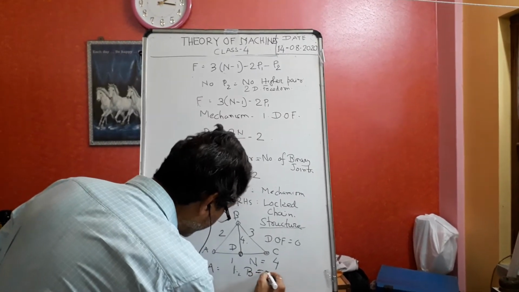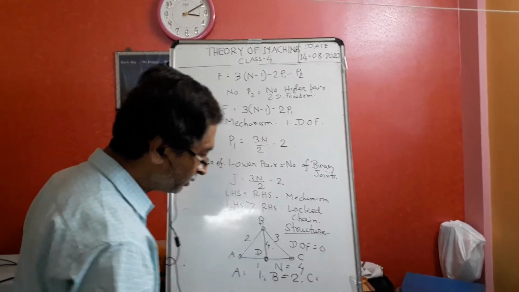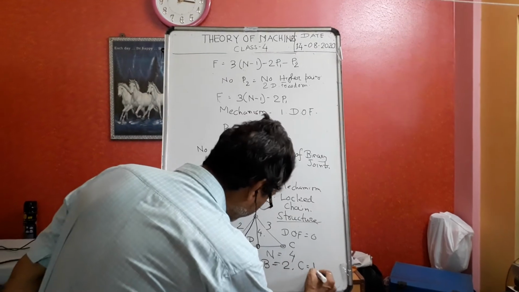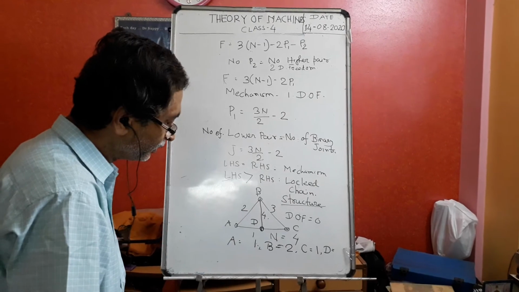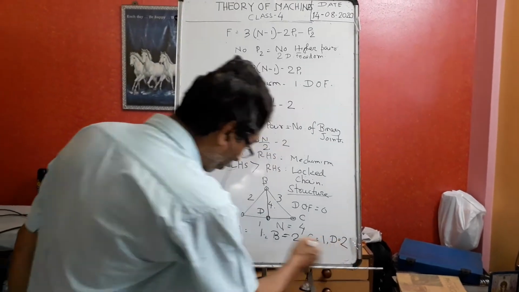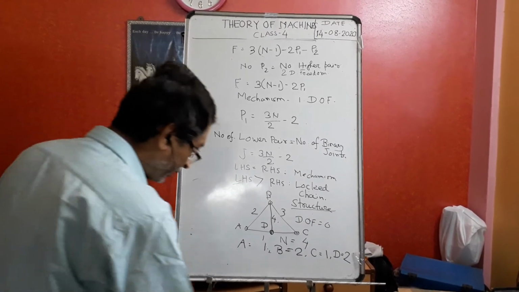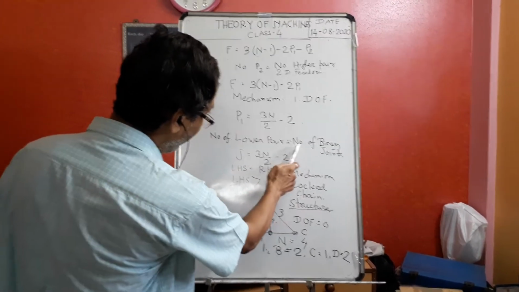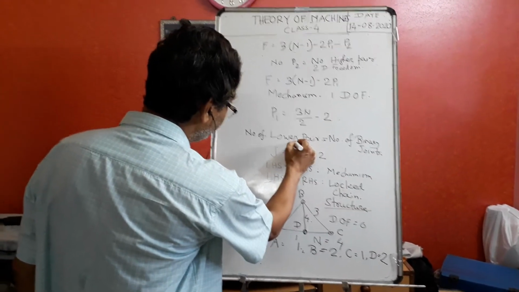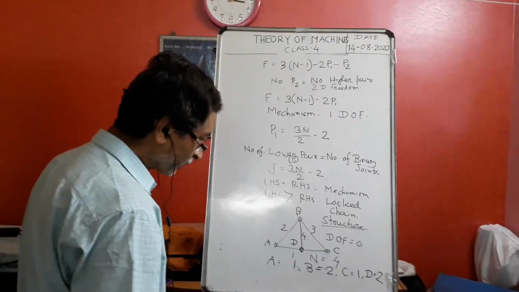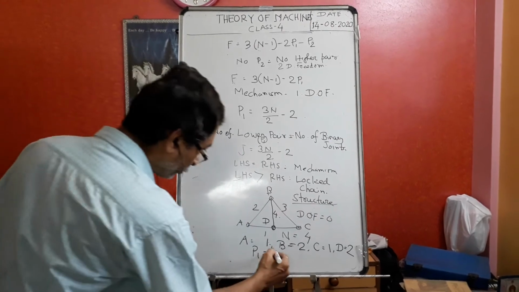So in place of B I will write 2, two binary joints. Coming to C, C is one binary joint. If you come to D, that is two binary joints. So how many binary joints in total? The number of binary joints is 6, as I have written. The number of binary joints is equal to the number of lower pairs, that is P1. So P1 is 6. Now put it in and find the degree of freedom.